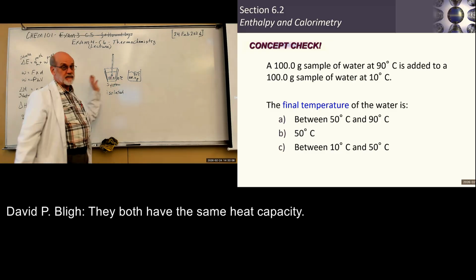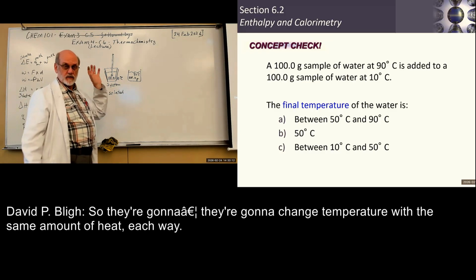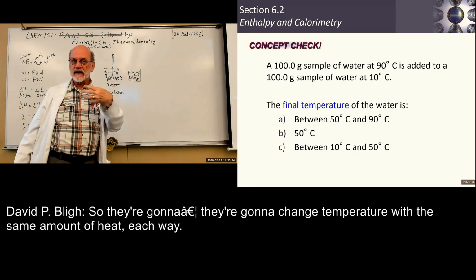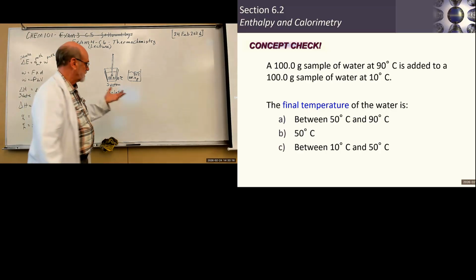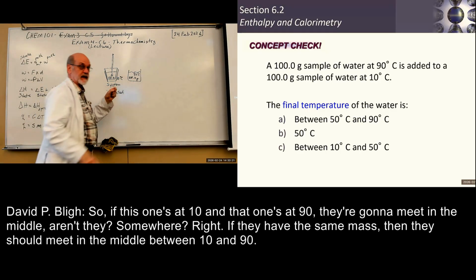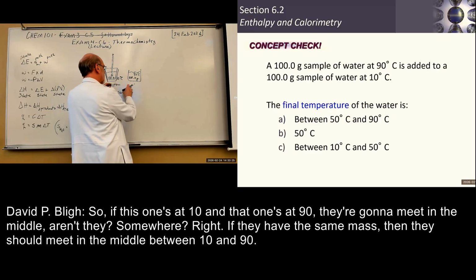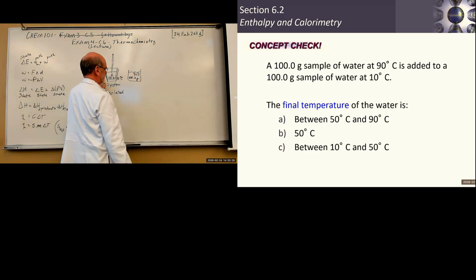They both have the same heat capacity, right? So they're going to change temperature with the same amount of heat each way. So if this one's at 10 and that one's at 90, they're going to meet in the middle, aren't they? If they're the same mass, they should meet in the middle between 10 and 90.